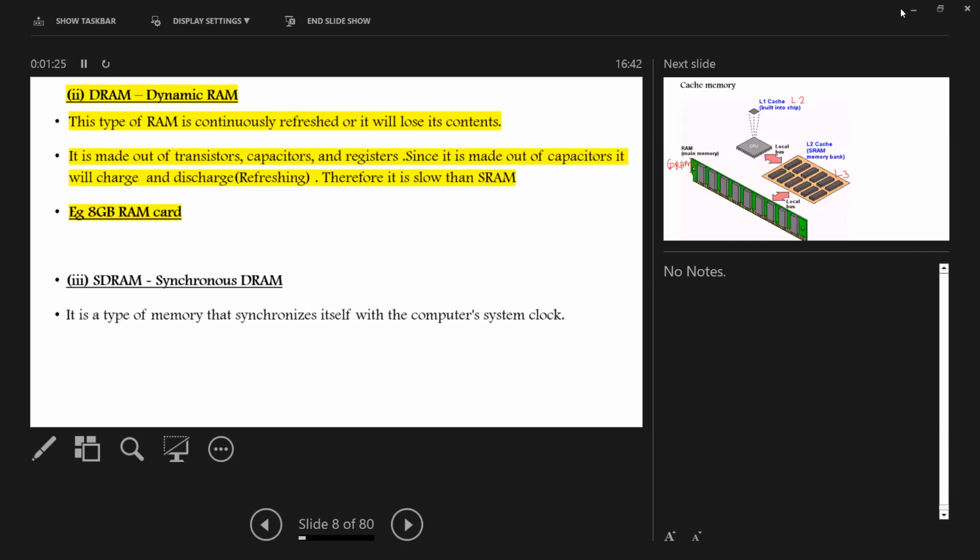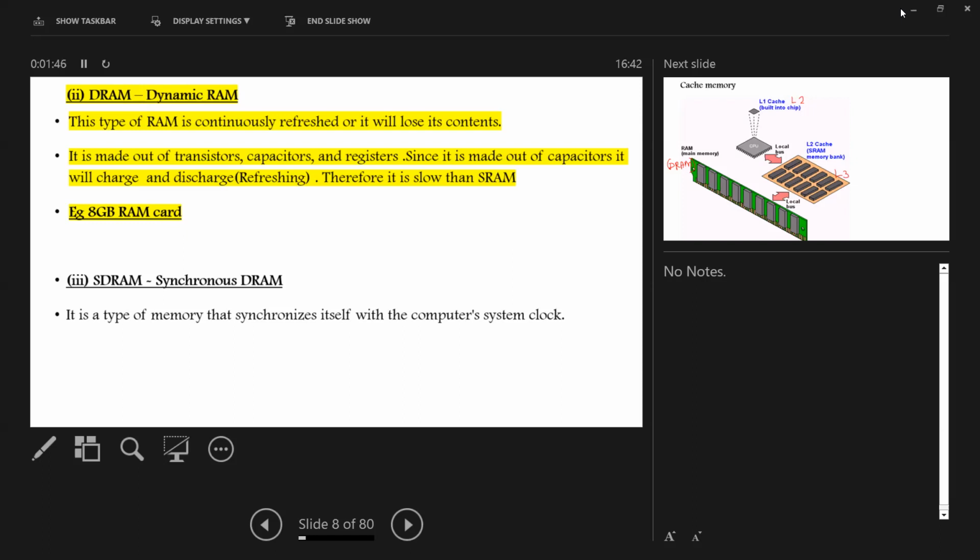Now the second type we are going to discuss under random access memory is dynamic random access memory. DRAM is the normal RAM card which we use as the main memory. This type of RAM is continuously refreshed or it will lose its content.